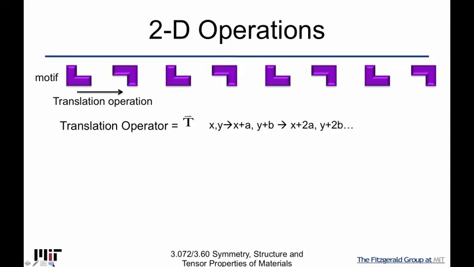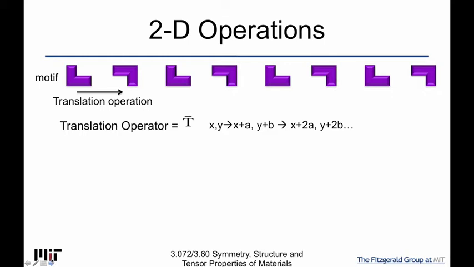And if we think about it from a translational point of view, the x, y point, wherever this motif is sitting, when it gets translated, it now is at x plus a and y plus b, where a and b are the Cartesian coordinate advancement of the translation operator.